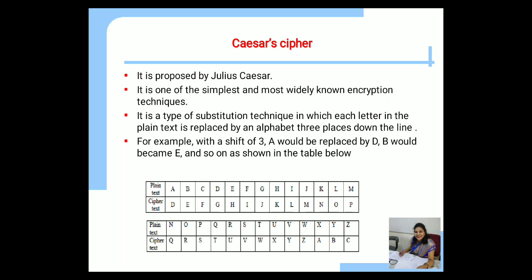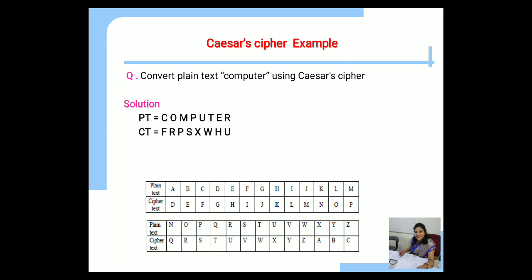So now we are going to see how plain text is converted to ciphertext using Caesar cipher. The question is: convert the plain text COMPUTER using Caesar cipher. In the table, see the row of the plain text C and the ciphertext letter below it.